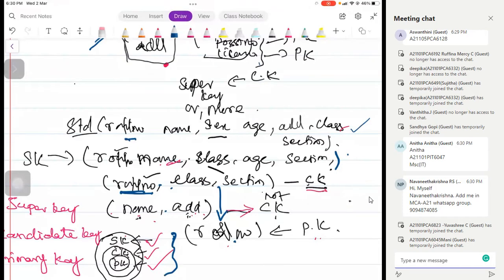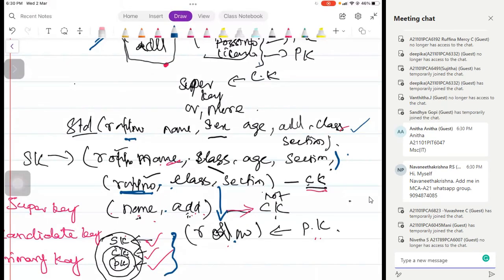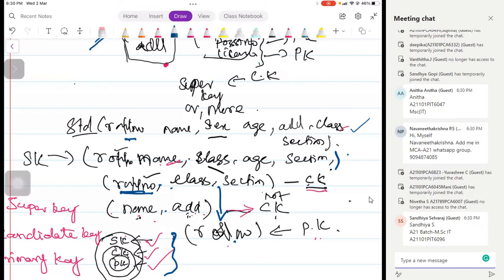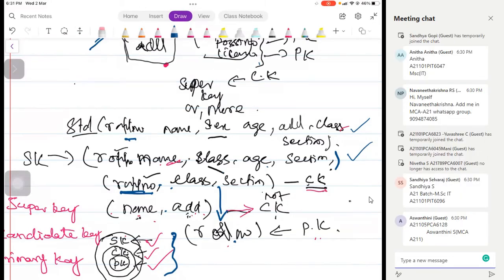Okay. Here, how can we construct the super key? Say roll number, name, class, age, section. So everything is necessary for one. Maybe a different section, and the same roll number may be here.